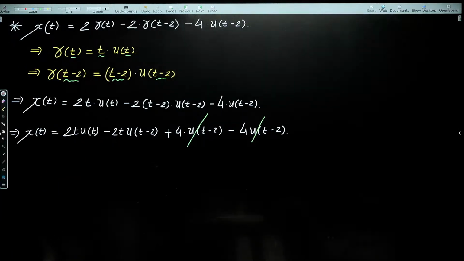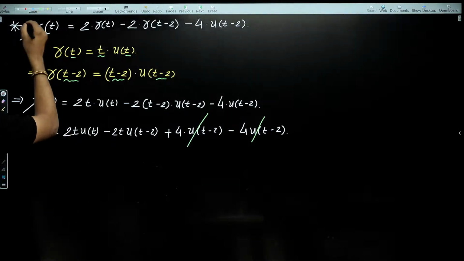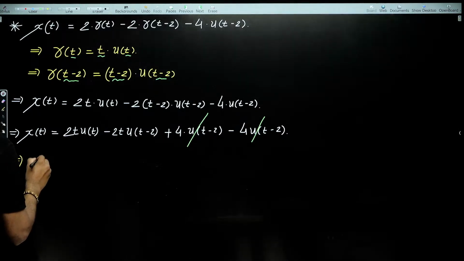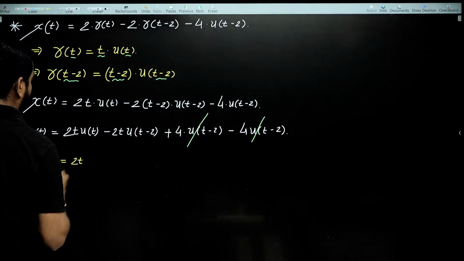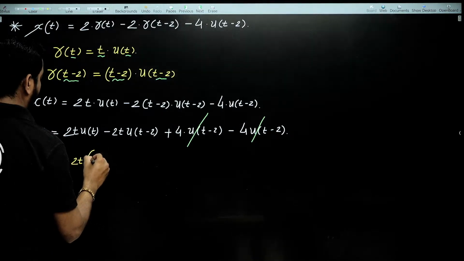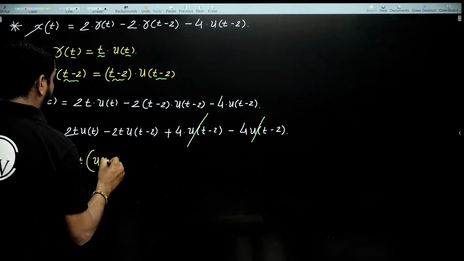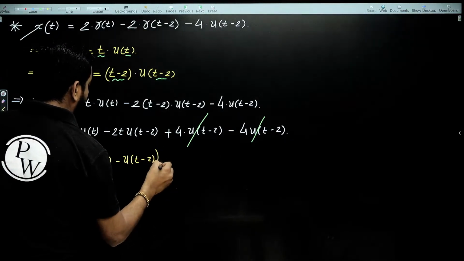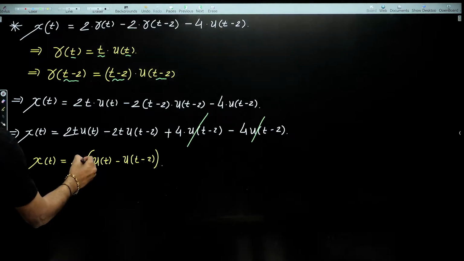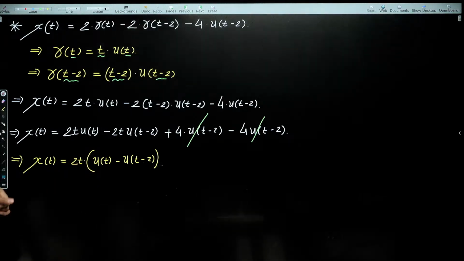Here you can take 2t common, guys. Taking t common, x of t, one more answer is possible, that is 2t into u of t minus u of t minus 2. So this is the second answer.